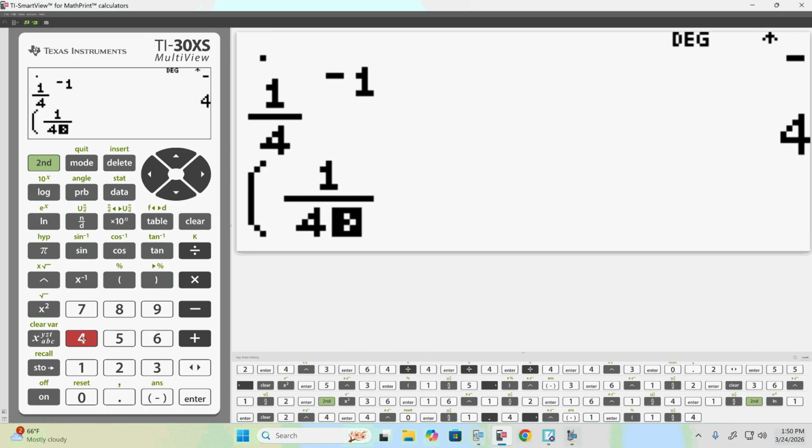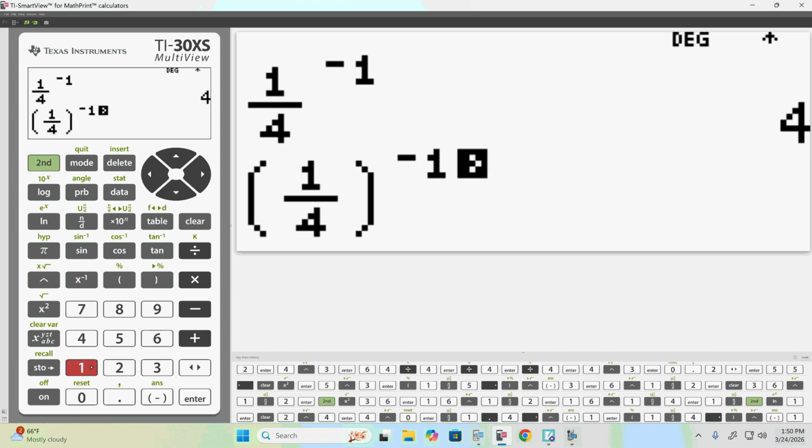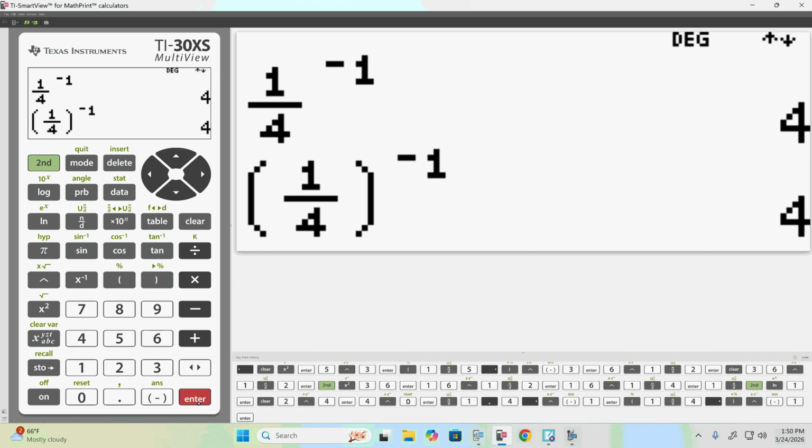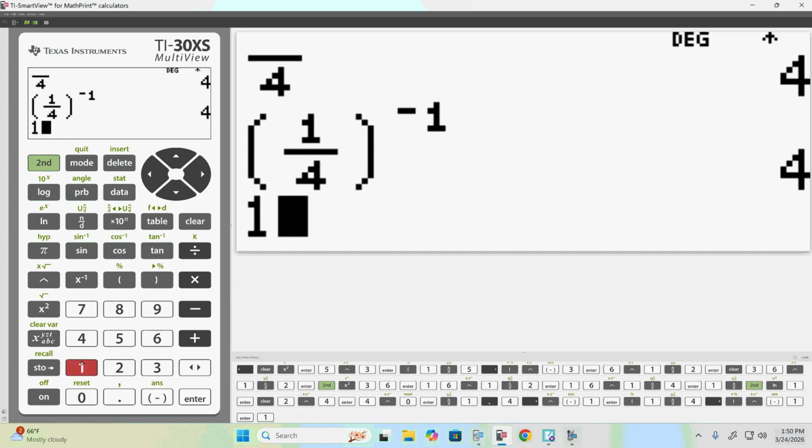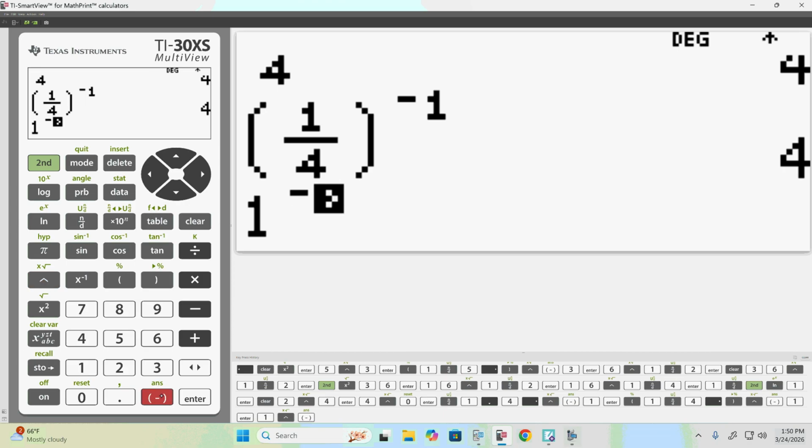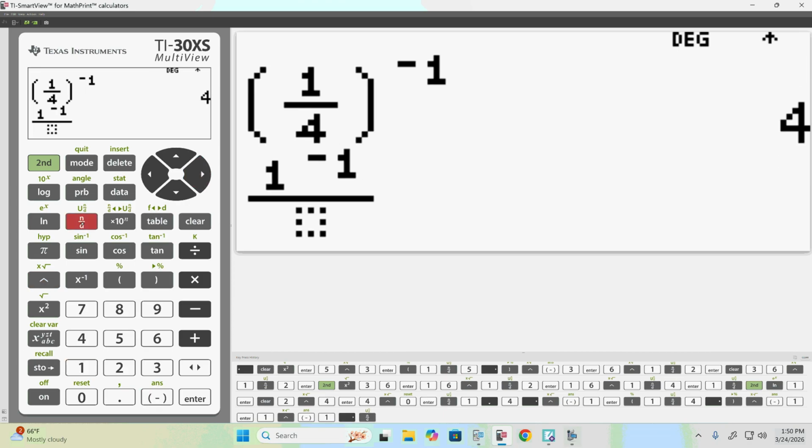But sometimes it's better to just go on and put the parentheses and make sure we have it set up correctly. Because if we just apply that -1 to the top, it does not give us the same answer.